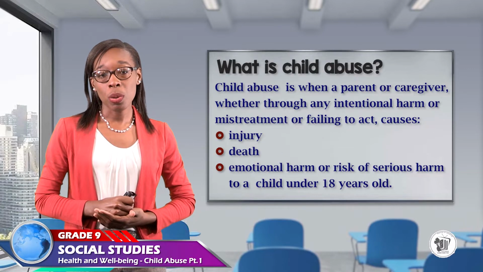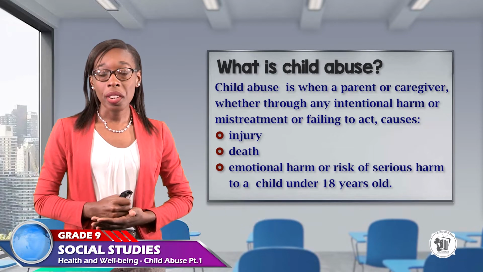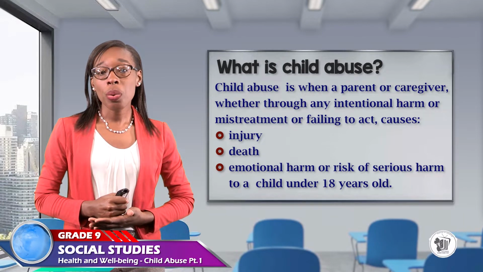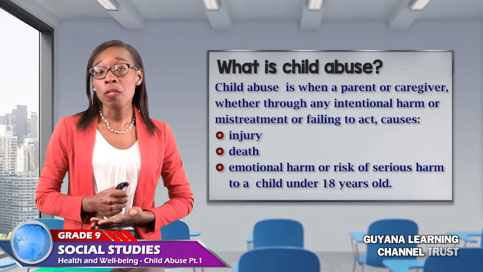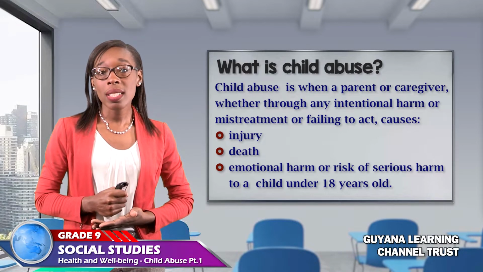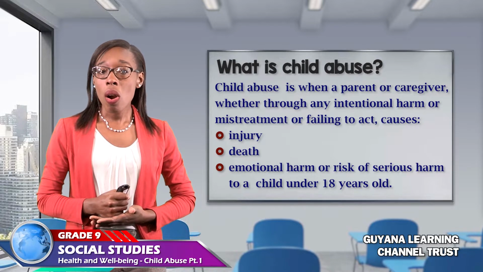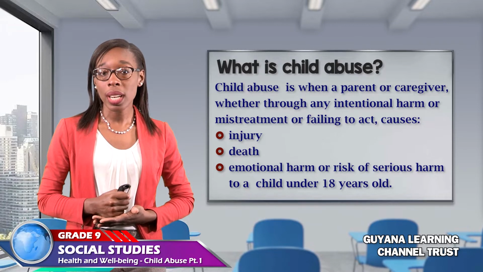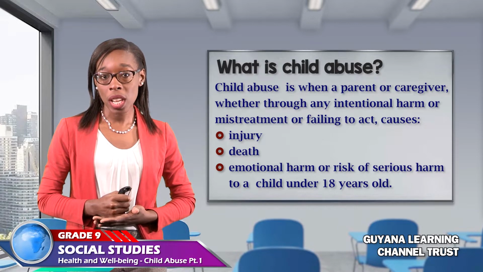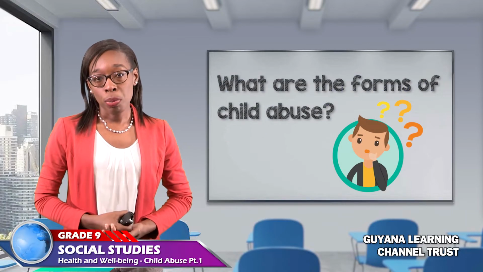What is child abuse? Child abuse is when a parent or caregiver, whether through an initial harm or mistreatment or failing to act, causes injury, death, emotional harm, or risk of serious harm to a child under 18 years of age. So let's now move on to forms of child abuse.